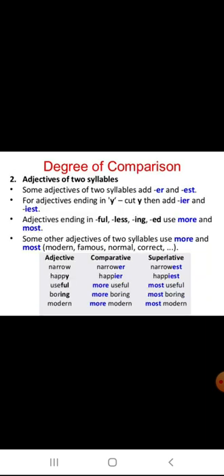Then for adjectives finishing with ful, less, ing, ed, we use more. See, narrow, narrower, narrowest. Happy, happier, happiest. Useful, finishing with ful: more useful, most useful.